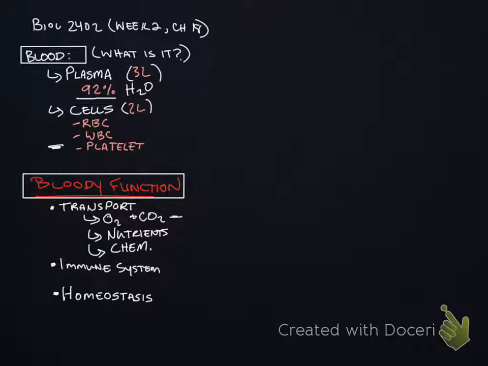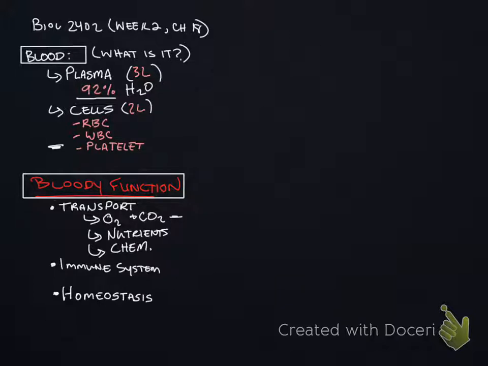Alright, so we've talked about the general constituents of blood, what makes up blood, and down here we just have the function of blood, so be aware of that. Transport: oxygen, CO2, nutrients, and chemicals.